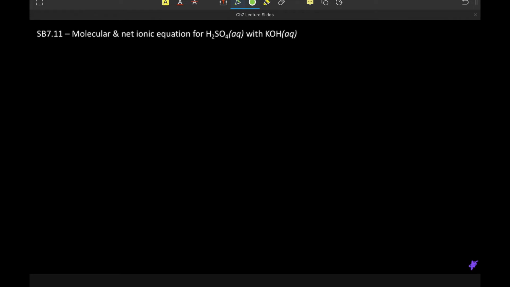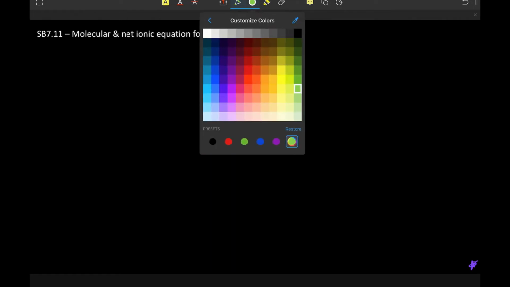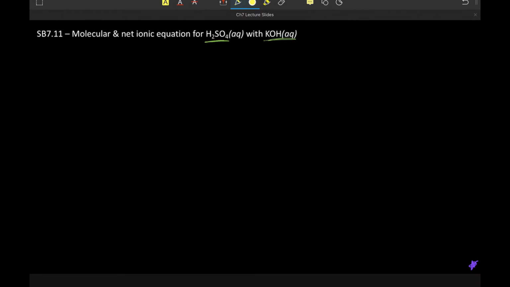All right, let's do a practice together. It says that we have some sulfuric acid and some KOH. We would like to do the molecular and net ionics, so let's start by writing down our reactants. We have H2SO4 aqueous and KOH aqueous. We would look at this and say, oh, we have an acid and a base, so all we're going to do is switch our cations.